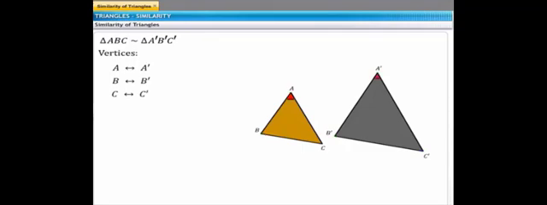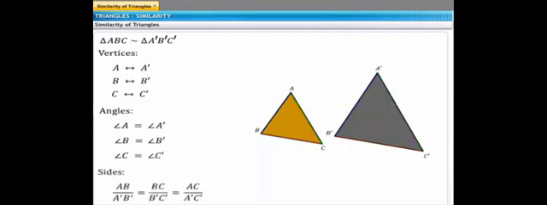Similarly, angle A is equal to angle A', angle B is equal to angle B', and angle C is equal to angle C'. And all pairs of corresponding sides of the triangles are proportional. Note that the same ratio of the corresponding sides is referred to as the scale factor.